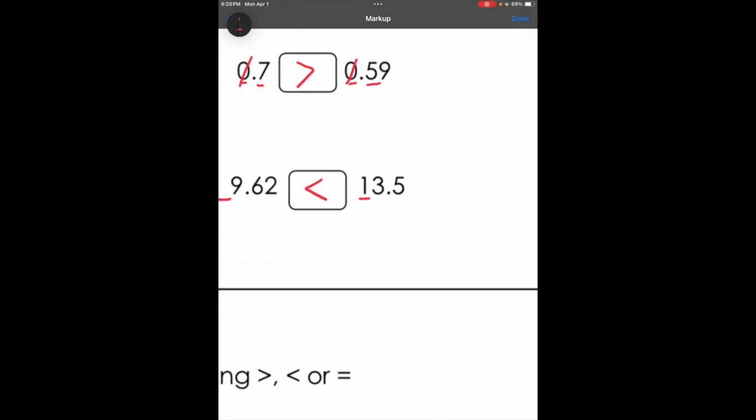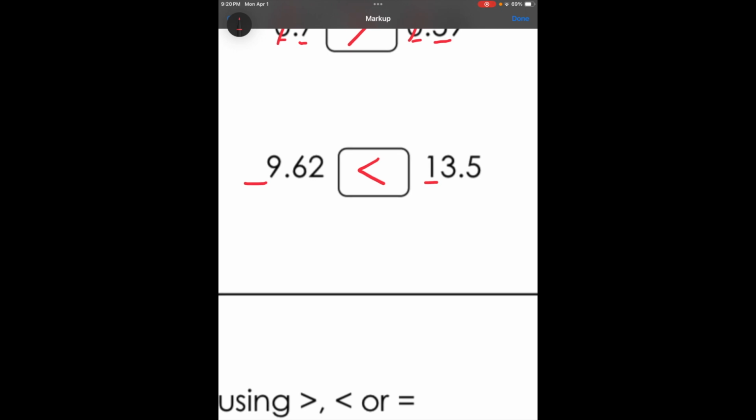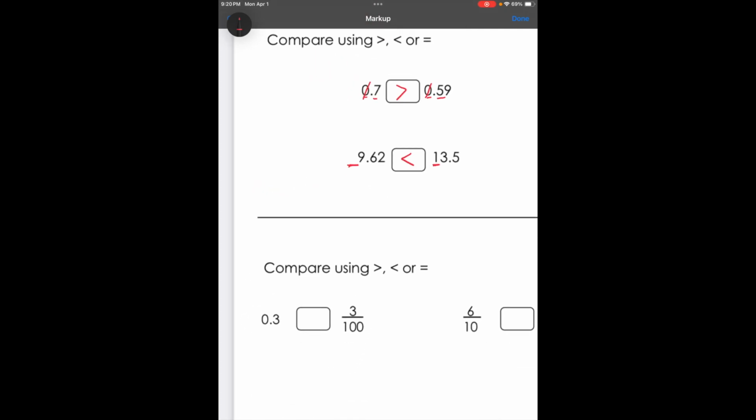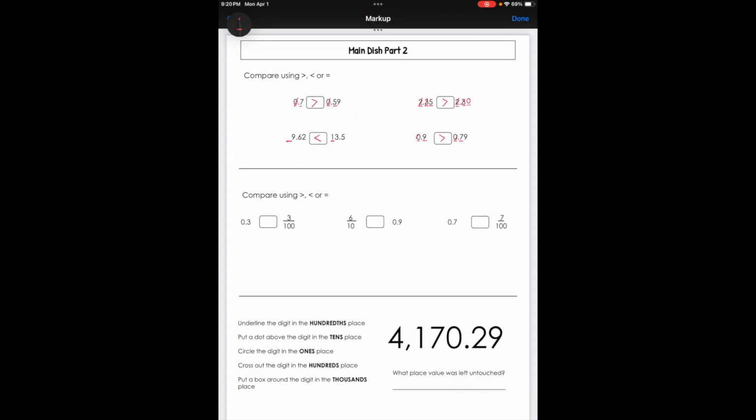Hopefully you didn't get tricked on that one, where it was 9 and 62 hundredths and 13 and 5 tenths. The 13 had a 1 in the tens place while the 9 had nothing. So we easily knew right from the get-go that this number was going to be the greater one.